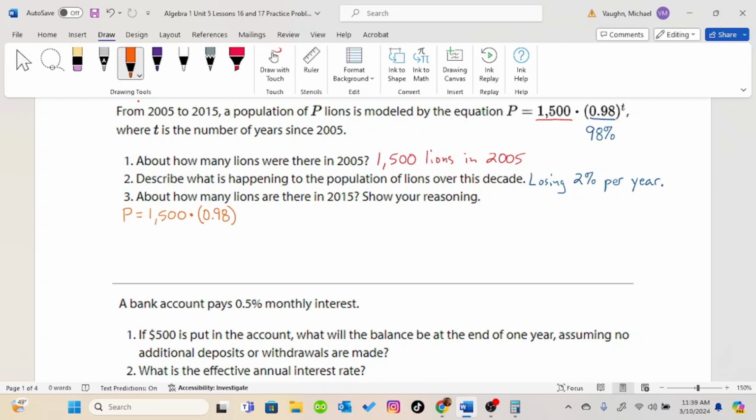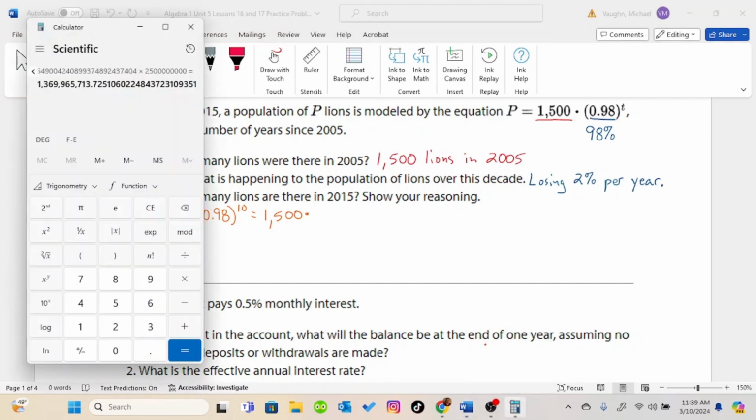And if we want to know 2015, that is 10 years. So our exponent is going to be 10. The first thing we do is the exponent. So in a calculator, 0.98 to the power of 10. We'll round this to 0.82.